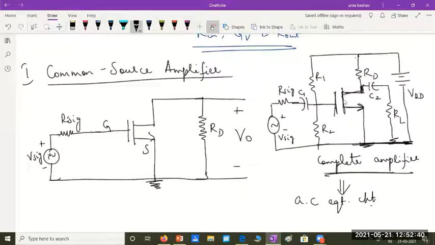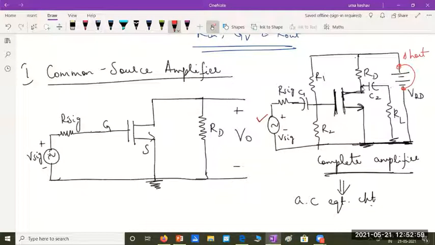What are the rules to write the AC equivalent circuit? Retain the AC signal generator as it is. Any DC voltage source should be replaced with a short circuit.